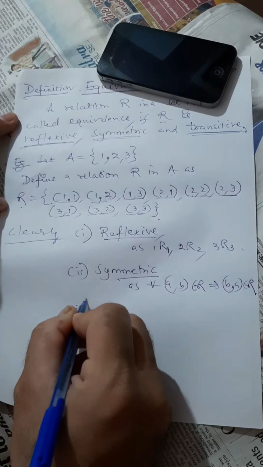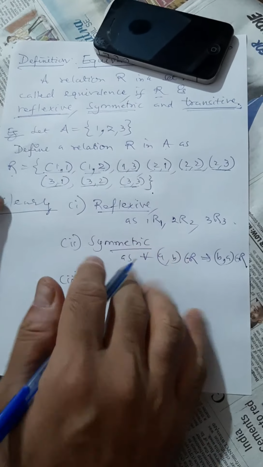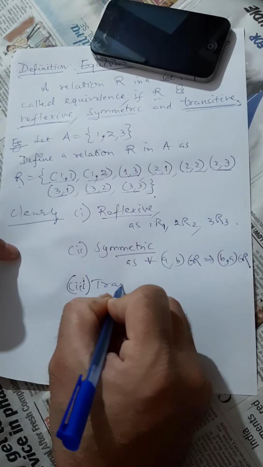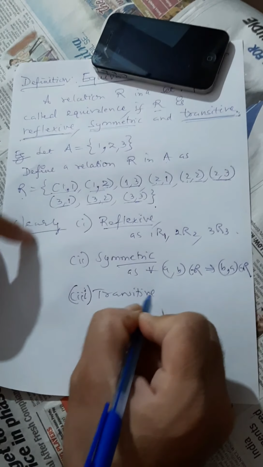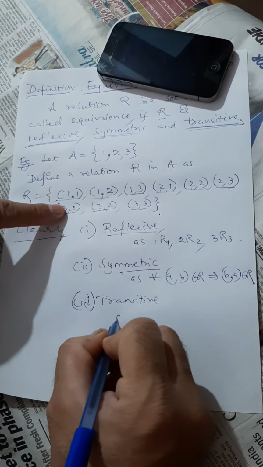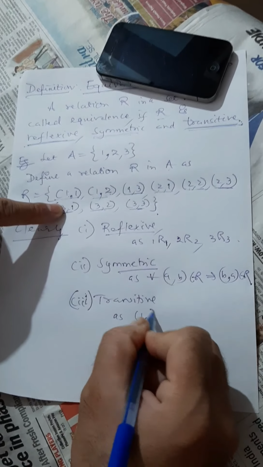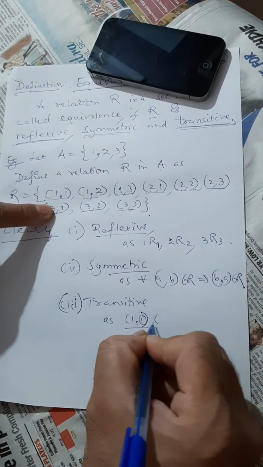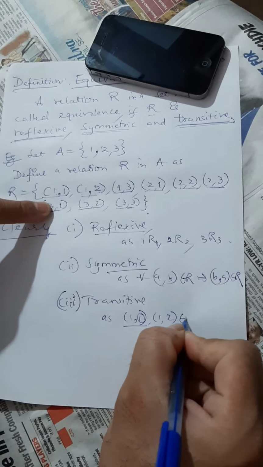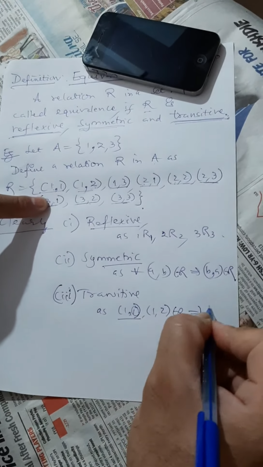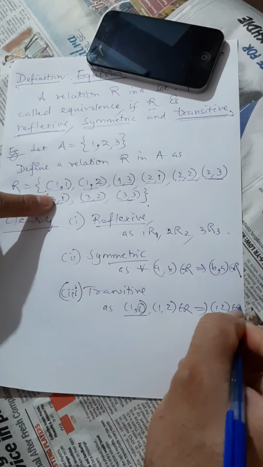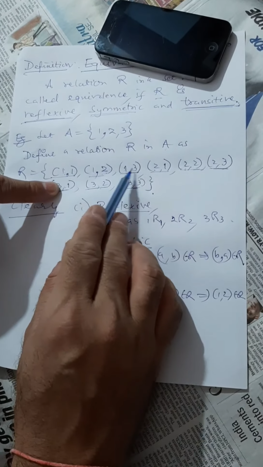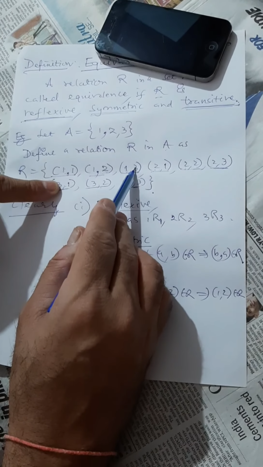Third one, transitive property. You take any ordered pair randomly. Suppose I have taken 1 comma 1. Now you get all ordered pairs having 1 at the first place. Suppose I have taken 1, 2, which is also there in R. Drop the common one. So 1, 2 is in R. Then you can take 1, 3 also. 1, 1 and 1, 3, then 1, 3 is present.